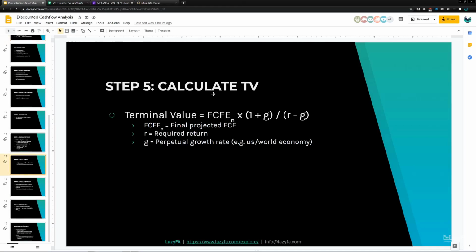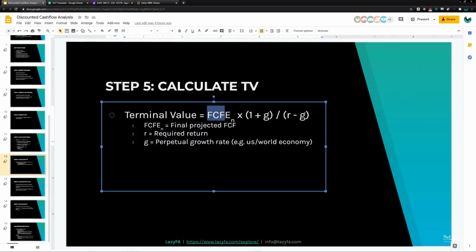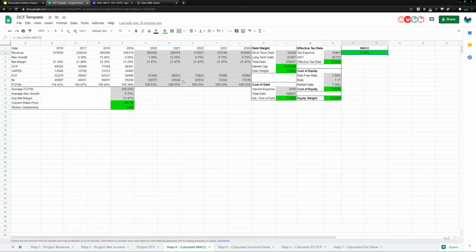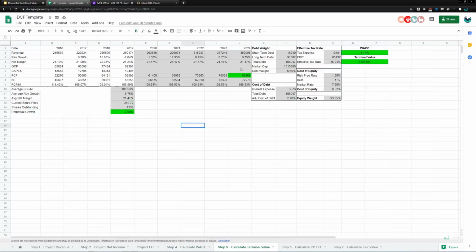So to calculate terminal value, what we want is the last period of free cash flow. So we are going to look at our projected free cash flow, moving on to step 5 here.